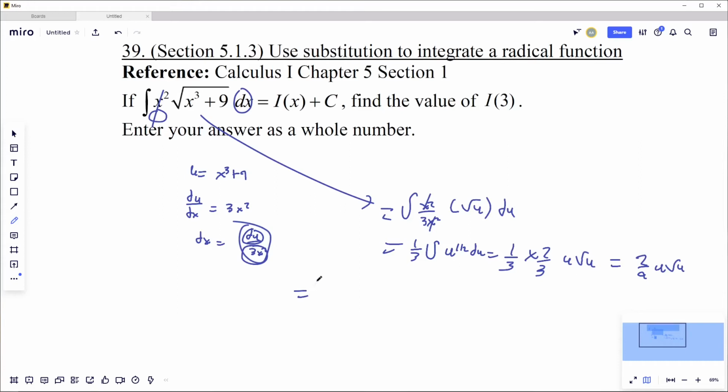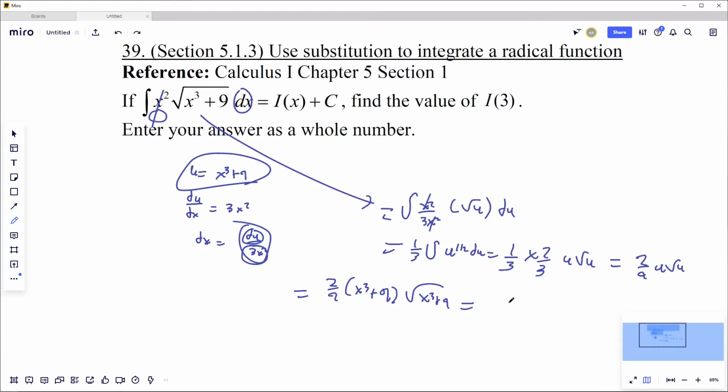Let's replace back u by its original value, which is 2 over 9 times x to the power of 3 plus 9 times square root of x to the power of 3 plus 9. Now this is nothing, you can do it in the calculator. Actually let's do it, it's faster.